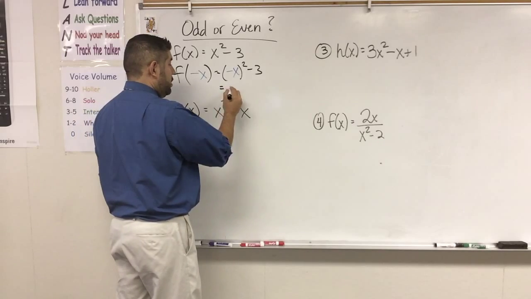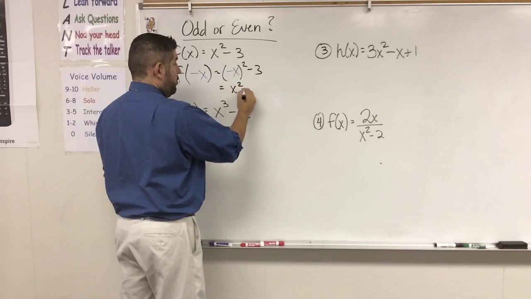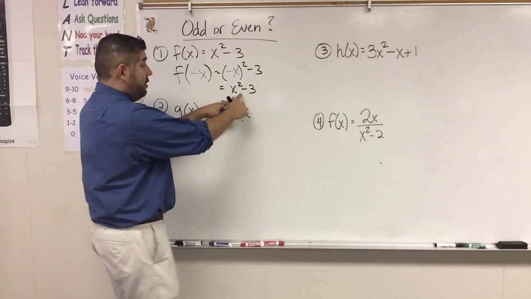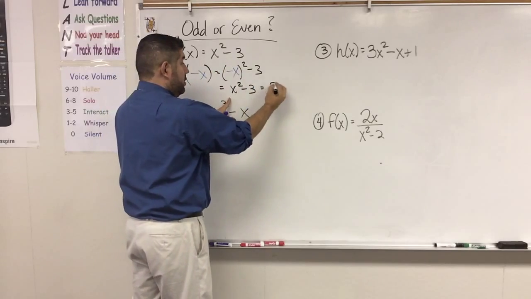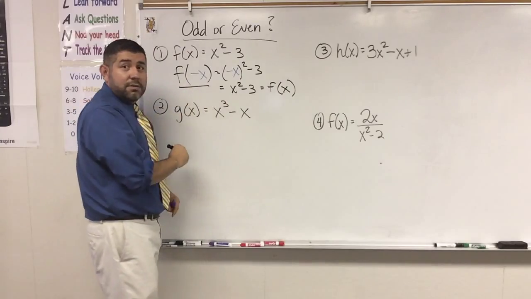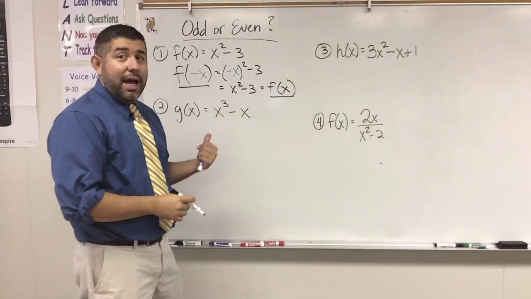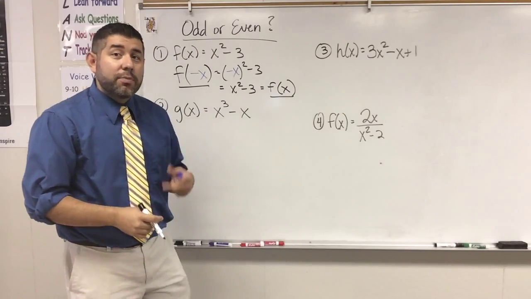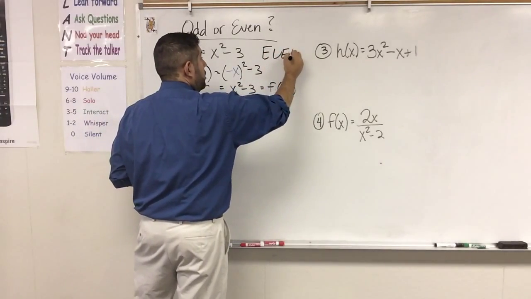So that's going to give us positive x squared minus 3. Now, notice that this looks exactly the same as f of x, right? So we're going to say that's equal to f of x. Since f of negative x was equal to f of x, we have the exact same thing. Once we figure that out, then the function is going to be even.